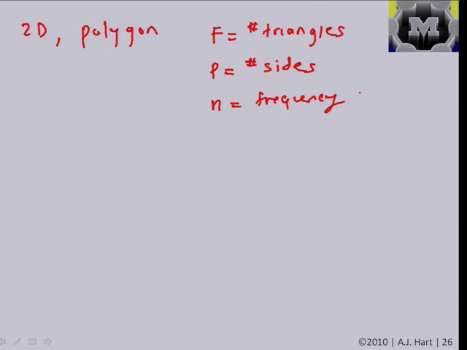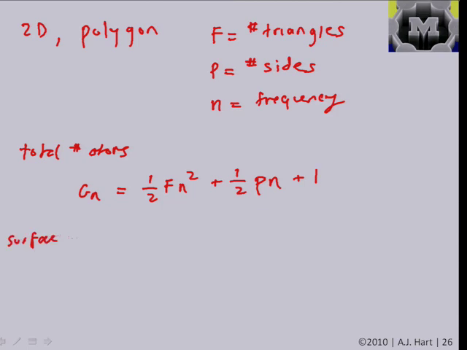Then it can be calculated that the total number of atoms in this polygon, which the authors call capital G sub n, so for a polygon of frequency n, is equal to 1/2 F n squared plus 1/2 P n plus 1. And then the number of surface atoms, or capital S sub n, is equal to just the number of sides times the frequency.